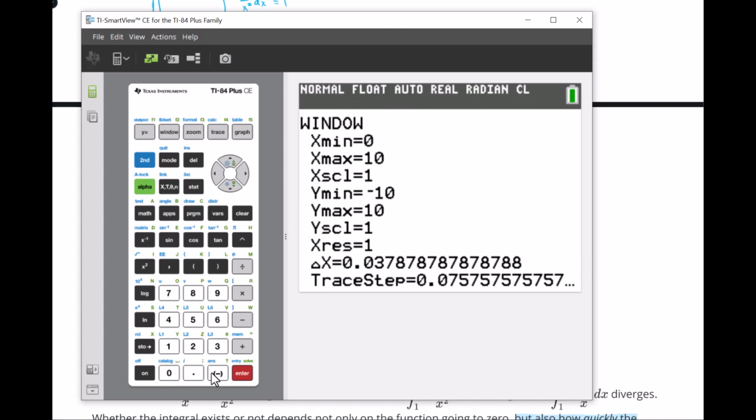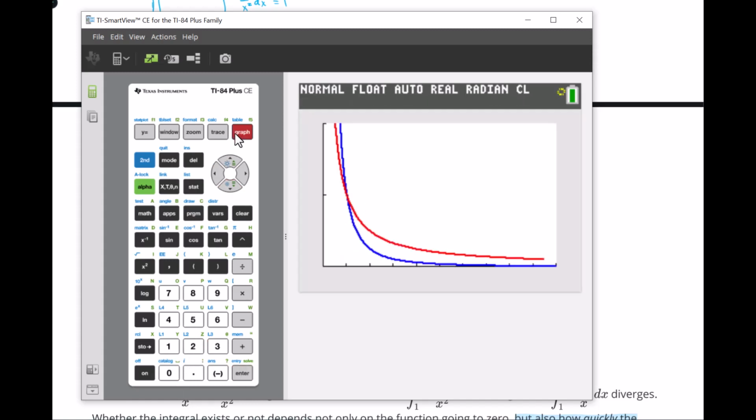So let's say 0 on the y min and positive 2 on the y max. All right, so in blue, we have 1 over x squared. Look how quickly it's dropping down to 0. In red, we have 1 over x. It's definitely not dropping to 0 nearly as fast. So that's the difference. It's how quickly you go to 0.